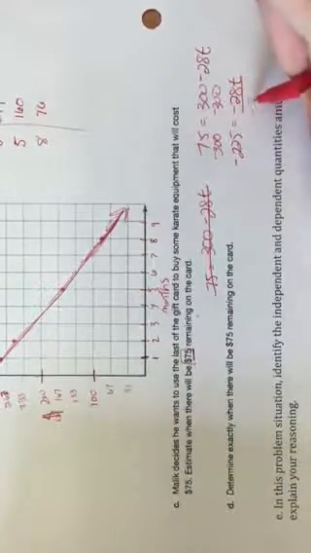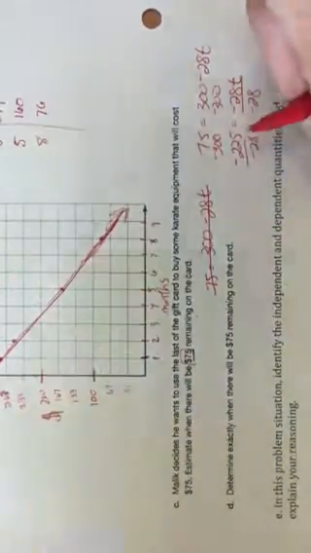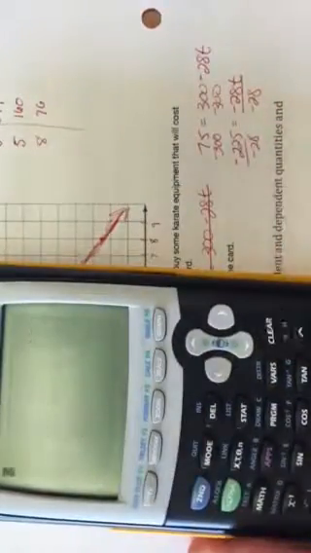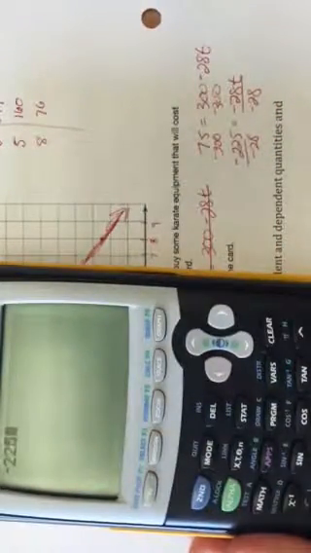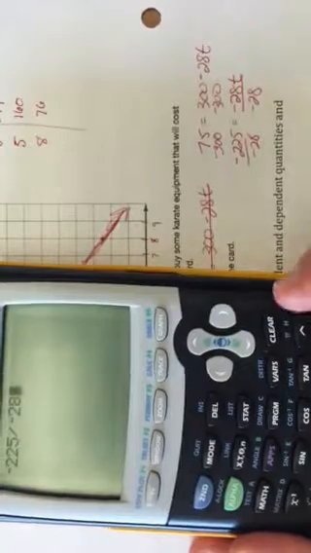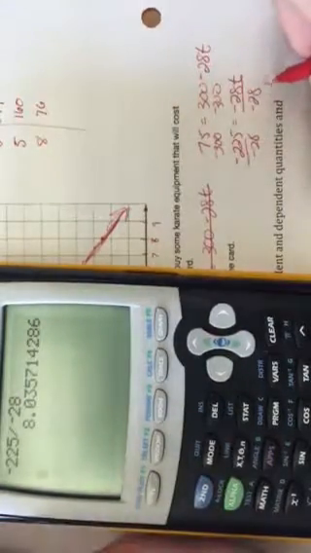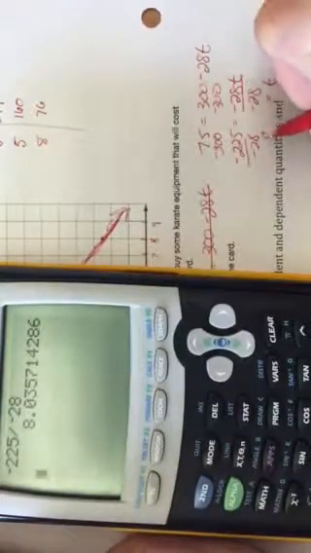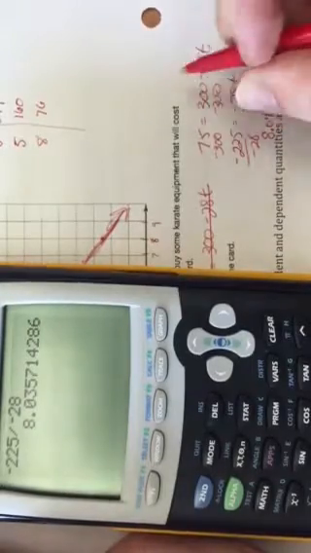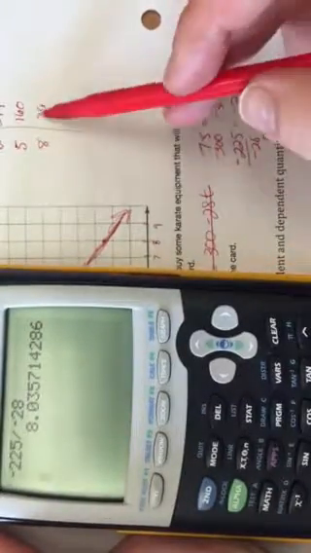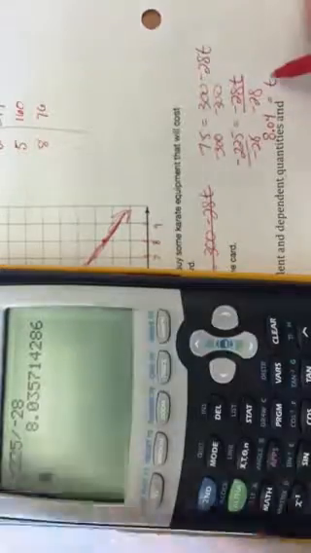And now I'll divide by negative 28 on both sides, and I'm definitely going to want a calculator for that. So negative 225 divided by negative 28, that means T equals 8.04, right? And so I knew from my table it was going to be about 8 months.